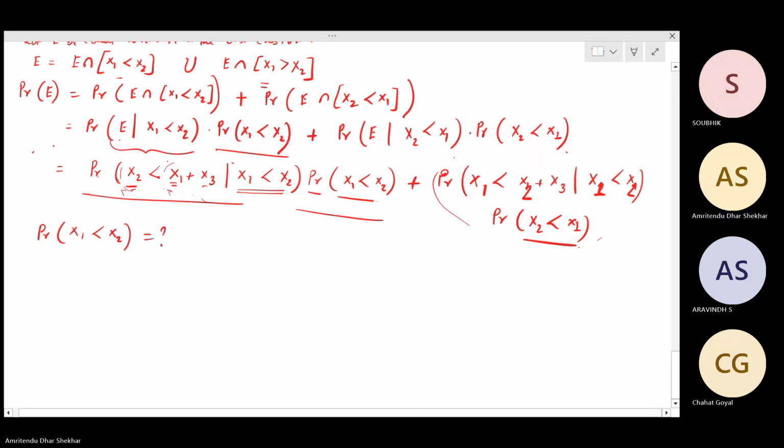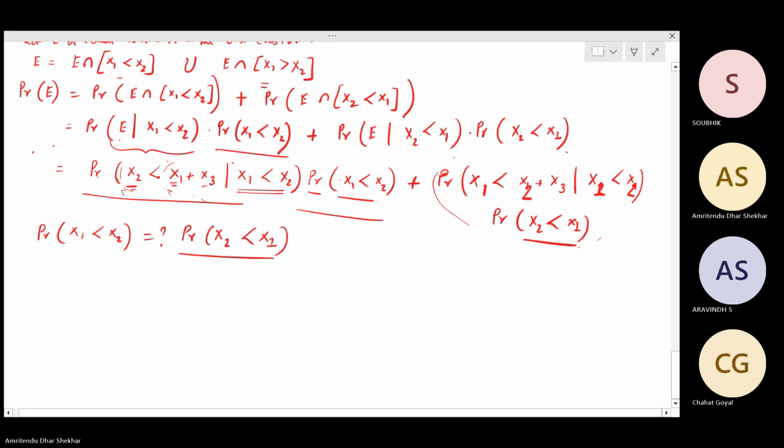Probability of x1 less than x2 is equal to probability of x2 less than x1, because x1 and x2 are IID random variables. Both are exponentially distributed and independent of each other.